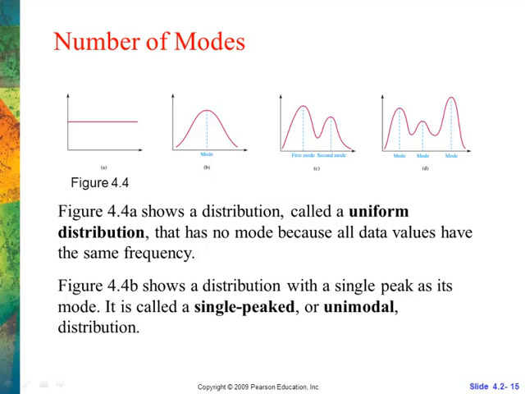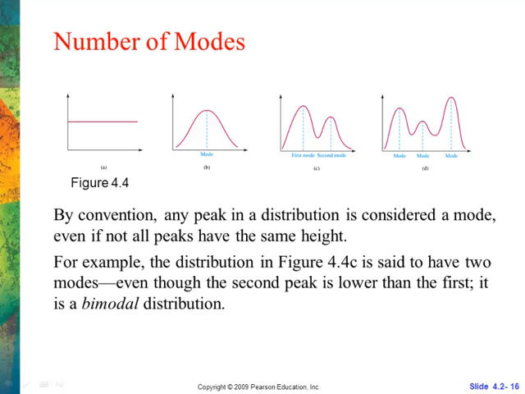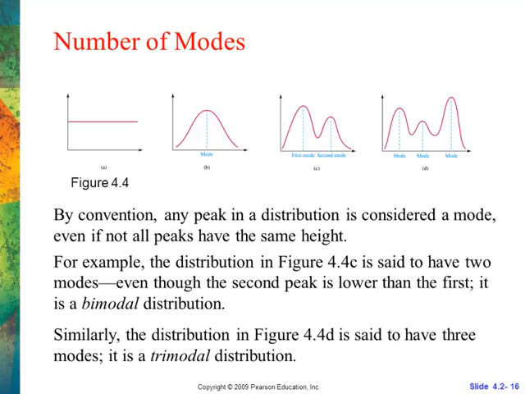We say single peaked or unimodal, then bimodal and trimodal, and so forth. We don't care that they're not the same height. We're just looking for bumps, and that tells us how many modes there are on a graph. When we have a count of numbers, we look for the values that occur the most. But when we're looking at a graph, we look at the bumps.